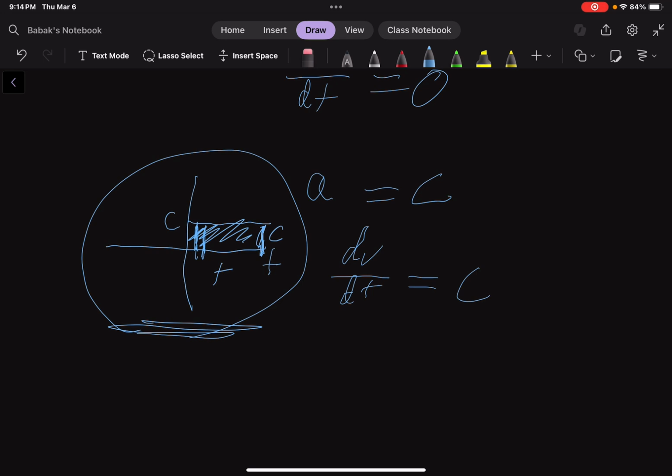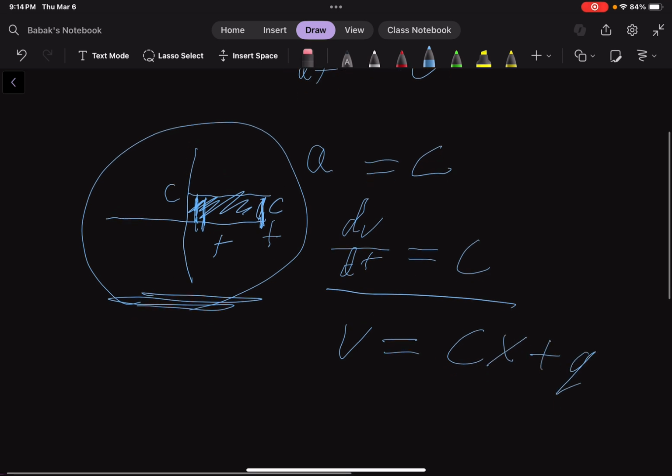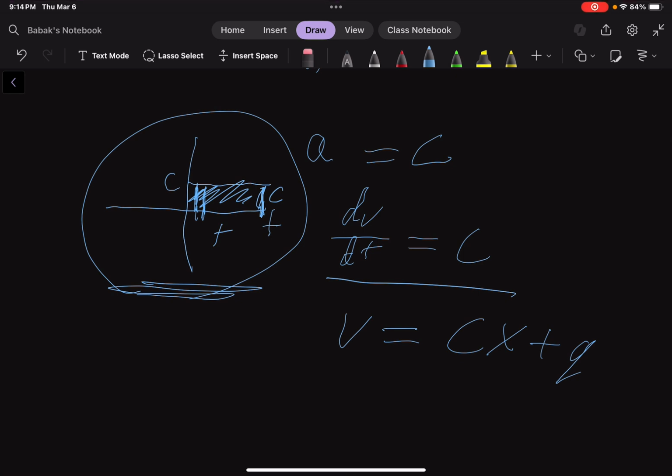And as you can see, when we look at this equation and take the integral as we normally would with a polynomial, you would get that v is equal to cx plus q, some constant q. And indeed, it is the same matter, wherein we can take the change in speed by taking the area underneath the rectangle.